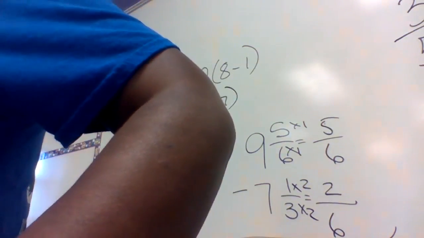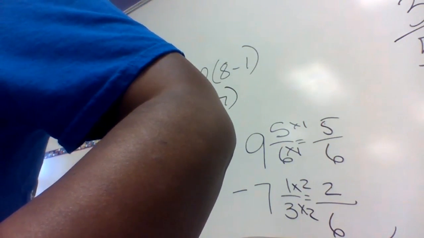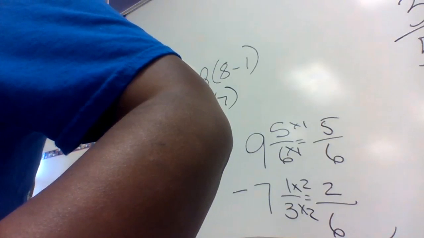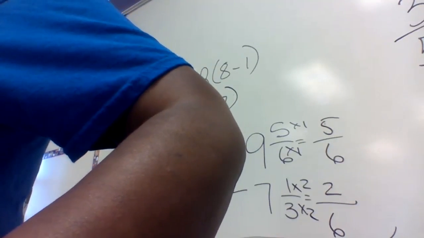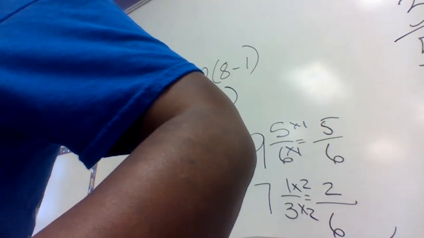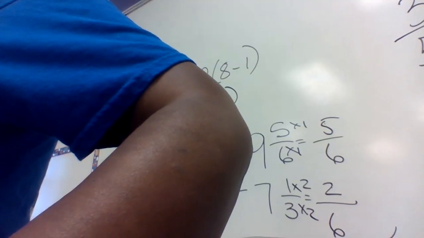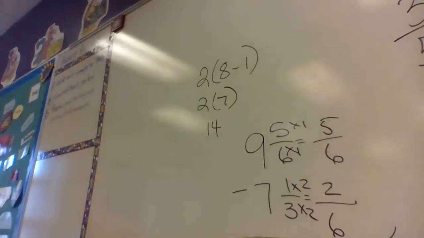Thomas, how many checks did you get right? You got more than 3? No? You think you can do better than that? I think so too. Stanley, how many checks did you get? 3.